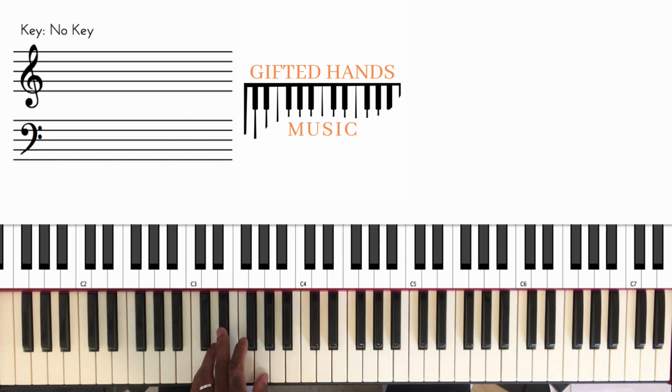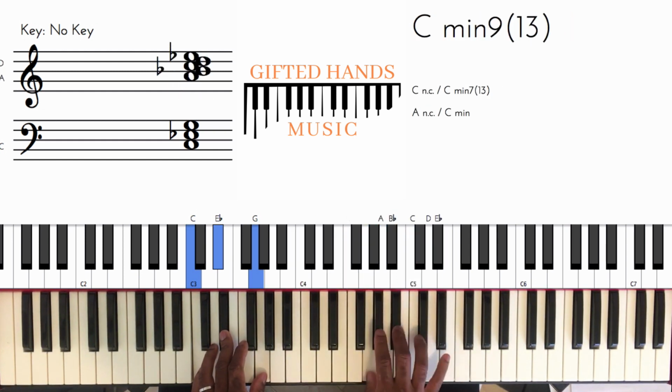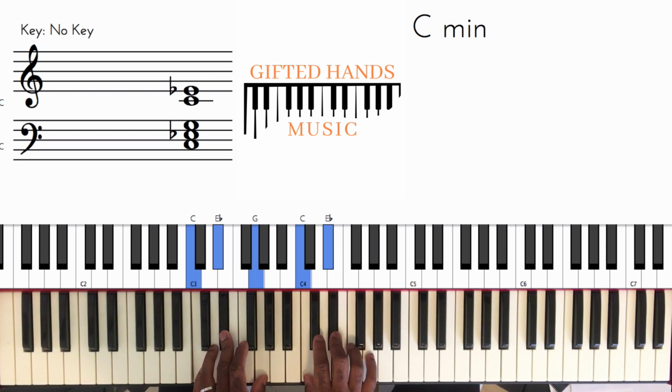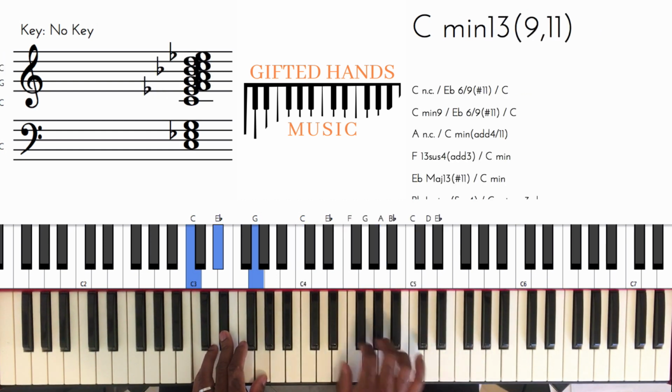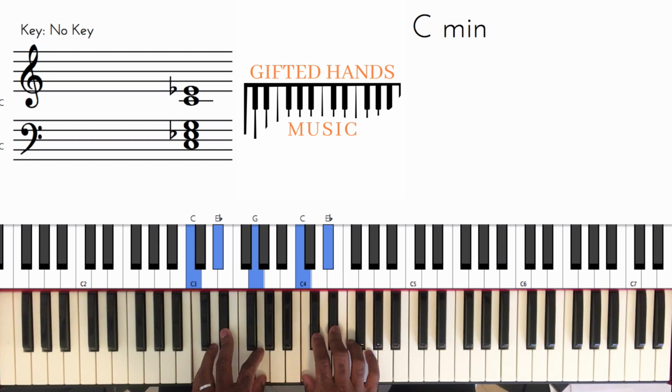So that was C major, let's take C minor. Now that is based off of the C Dorian mode, the C Dorian scale. If you don't know what C Dorian is, we actually haven't gotten to modes yet, but we will in the near future go into modes and explain all that.